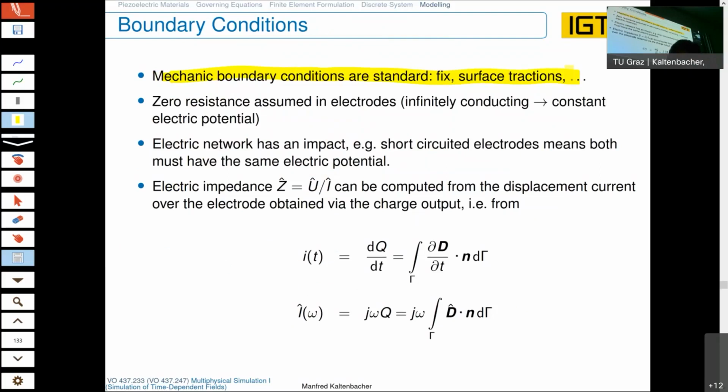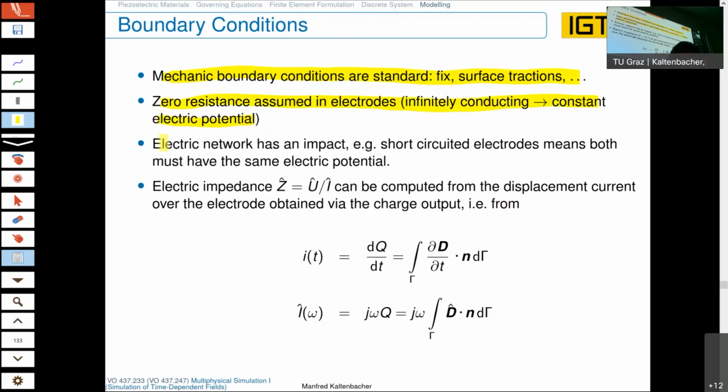So you put there zero displacement, a homogeneous Dirichlet boundary condition for the mechanical degrees of freedom at the fixing. The electrodes, as we have already discussed, are modeled with infinite conductivity of the electrode, so we don't assume any resistance there.